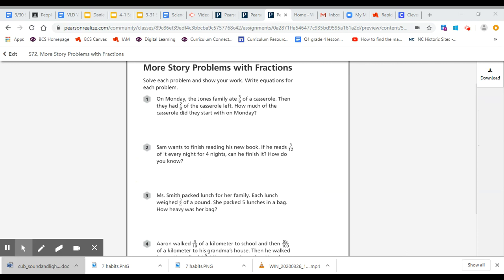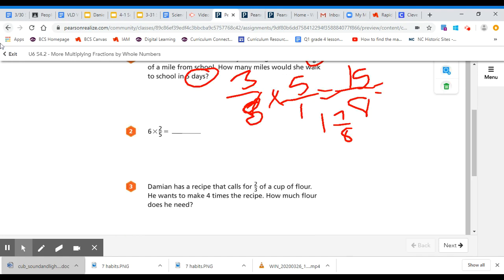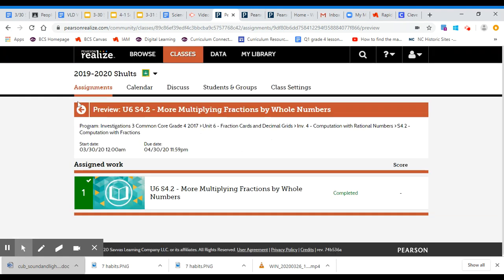The other problem that you have for today, there's this page, and then you have, I thought I pulled up the right page, but I didn't. So let me go back.